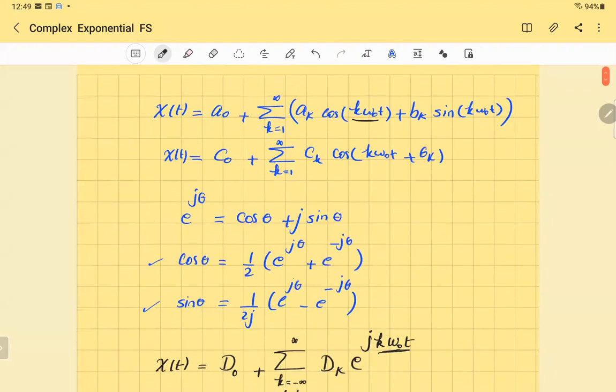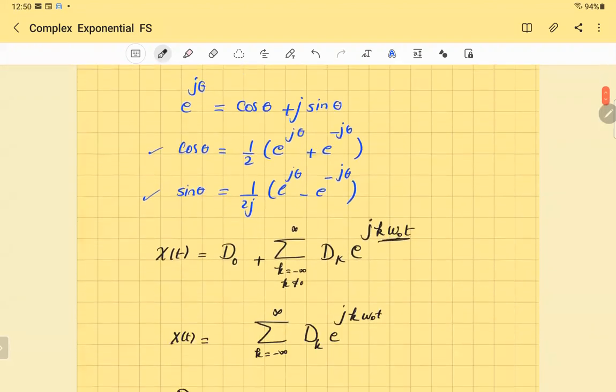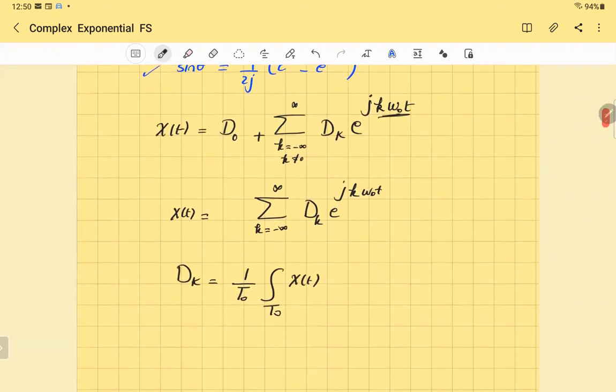Here you have cosine and sine, so you multiply by cosine and sine. Here you have e power j, so you multiply by e power, but instead of positive j, negative j k omega naught t, dt. That's how you find the coefficient of the complex exponential Fourier series.